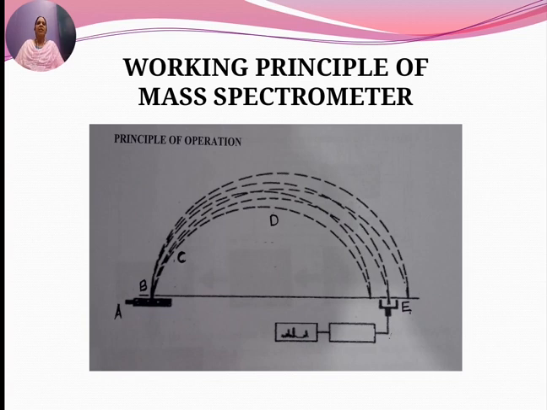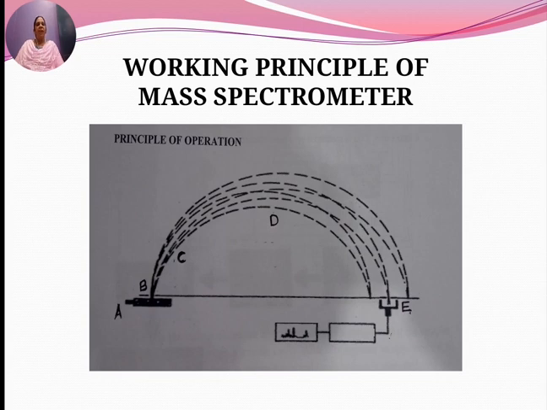With the accelerating voltage, the ion stream separates into, as I have told you earlier, ion beams A, B and C. So A is for the lighter ion beam.